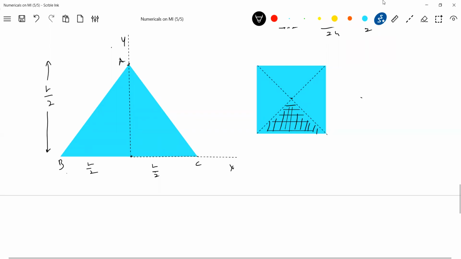So this is A, B, and C, and this is L, this is L. So this triangle ABC is what? 1/4 of the square plate.